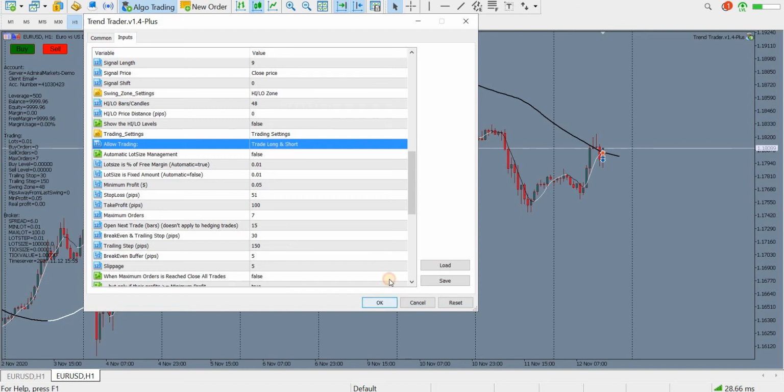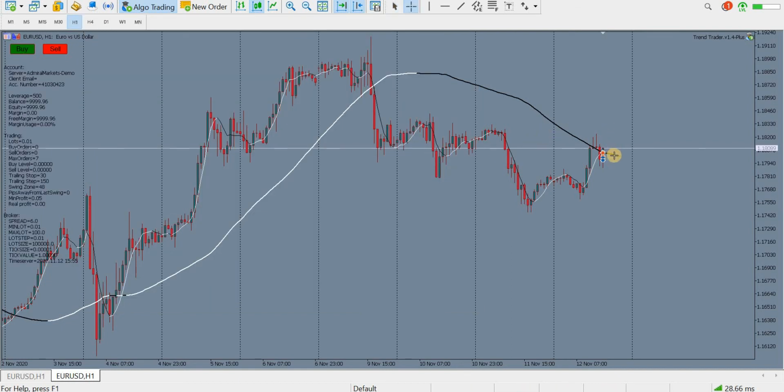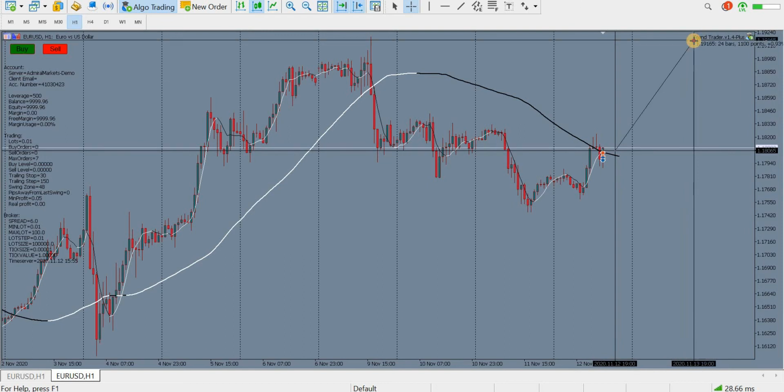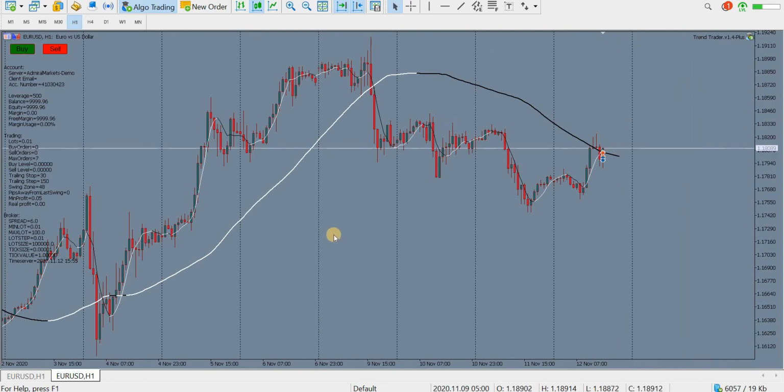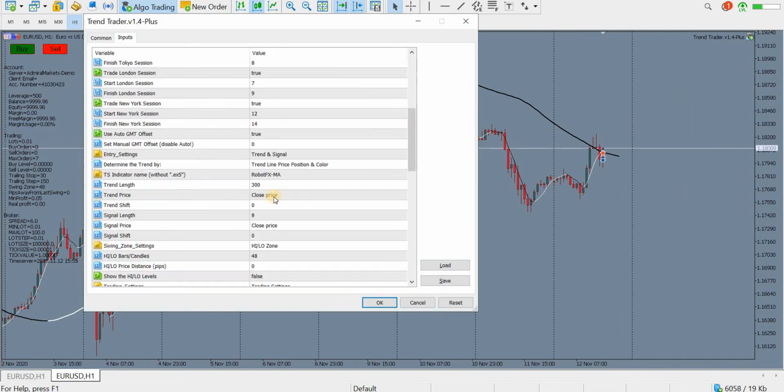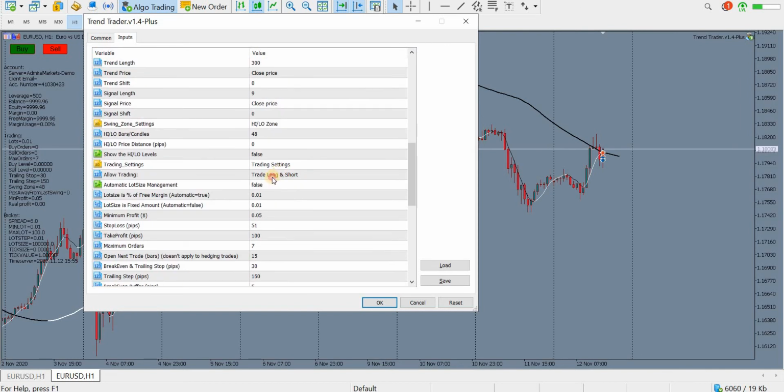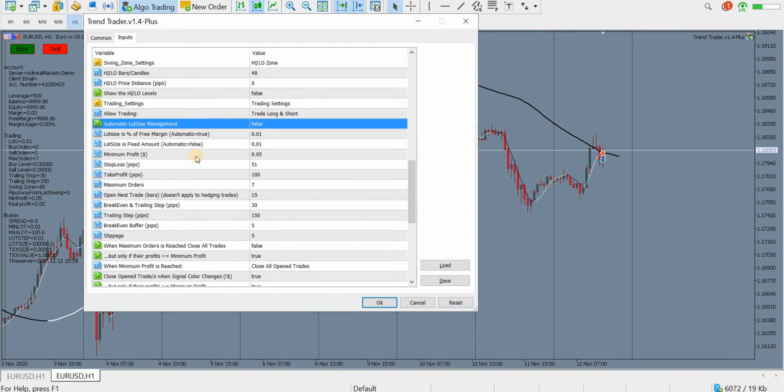But if you think that in this case, for example, the trend will reverse and the price will go up again, you might want to restrict the expert advisor and allow only long trades, because it might open a sell trade according to its settings, and then the price will continue up. It's a risk preference after all.